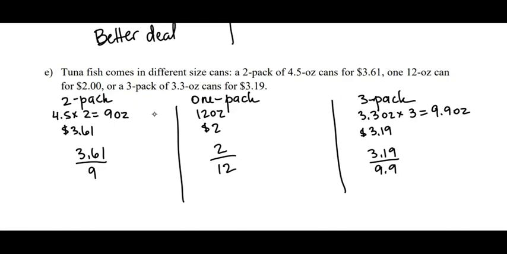So let's do the first one, 3.61, and that one we are dividing by 9. So that comes to 40 cents per ounce, 0.40. 2 divided by 12 gives you about 17 cents per ounce. And 3.19 divided by 9.9 is giving us 32 cents per ounce.